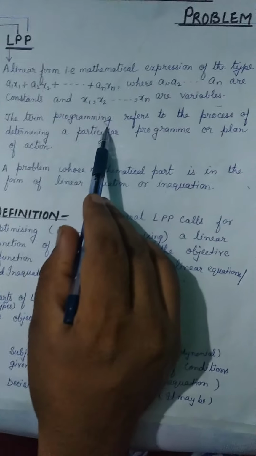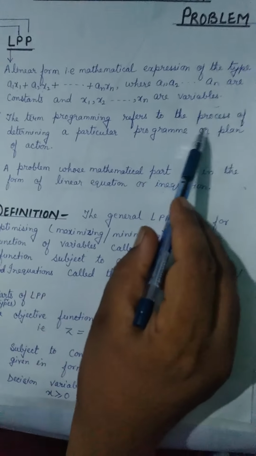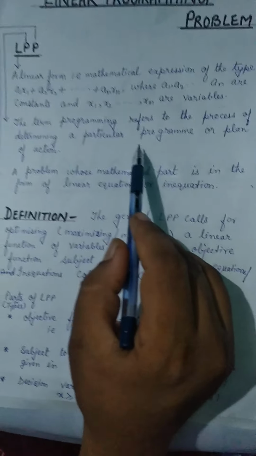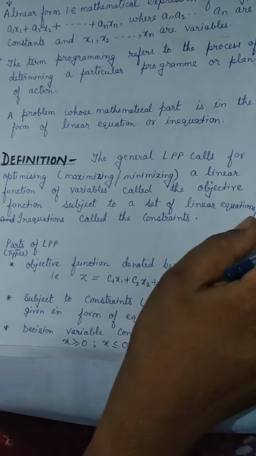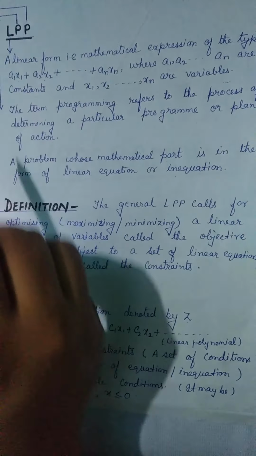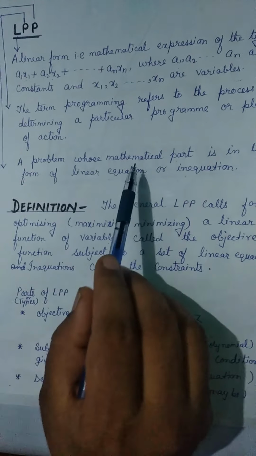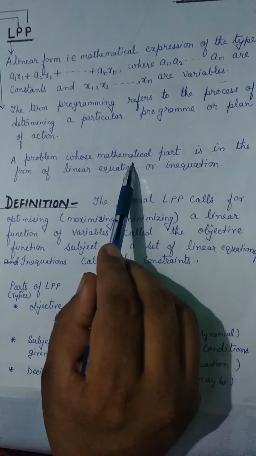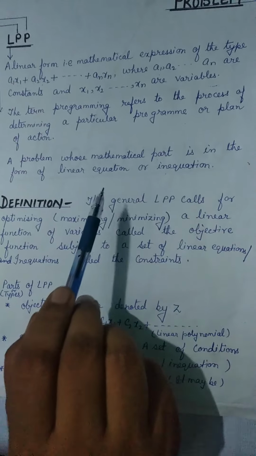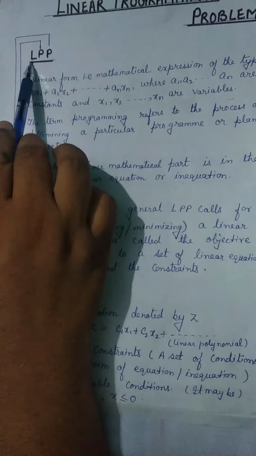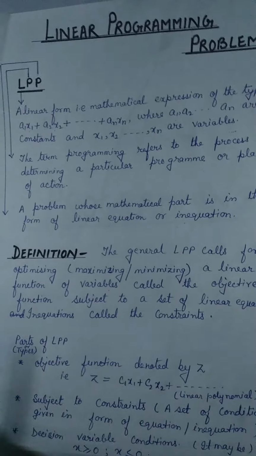The term programming refers to the process of determining a particular program or plan of action. P is problem, a problem whose mathematical part is in the form of linear equation or inequation. So this is linear programming problem.